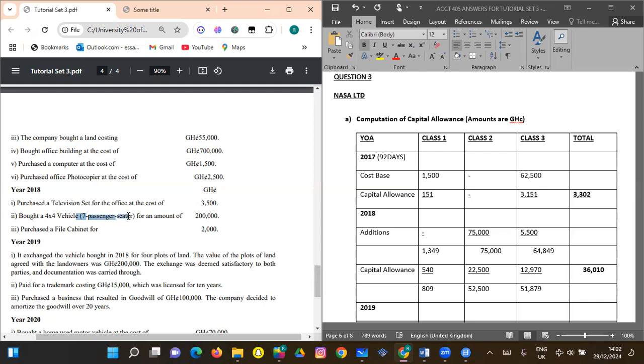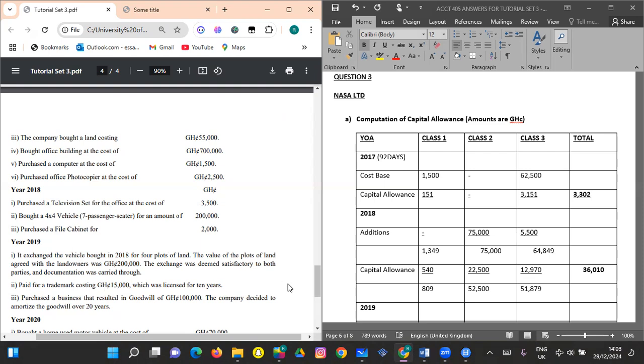But this has a 7-seater, so it will still be considered non-commercial. Non-commercial vehicles have less than 13 seats, but commercial ones have more than 13 seats. So since this has fewer passenger seats, it is non-commercial. Purchased the file cabinet for this.